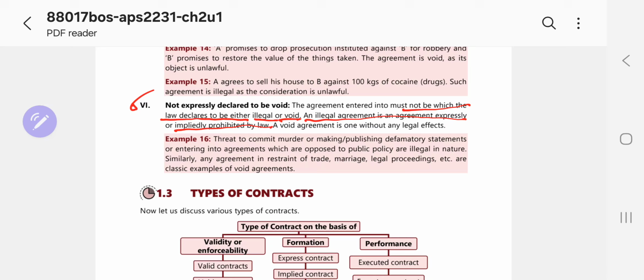If the activity is prohibited by law and both parties undertake it, agreeing to enter into an illegal activity, then that contract is called a void contract.